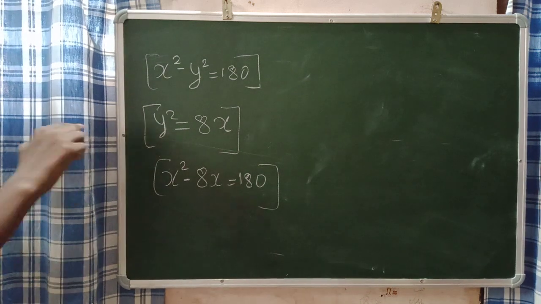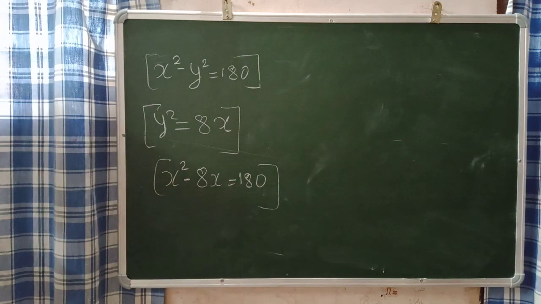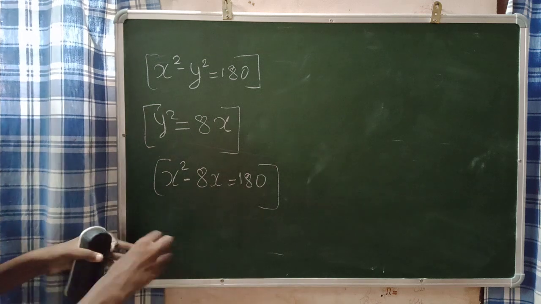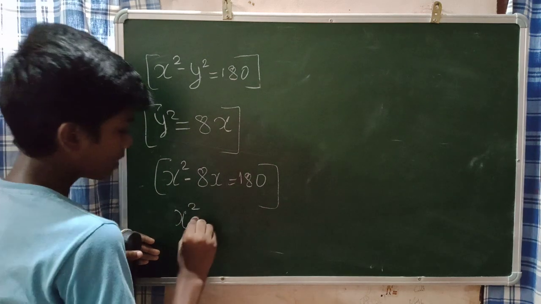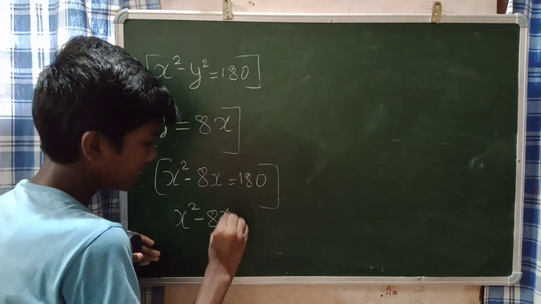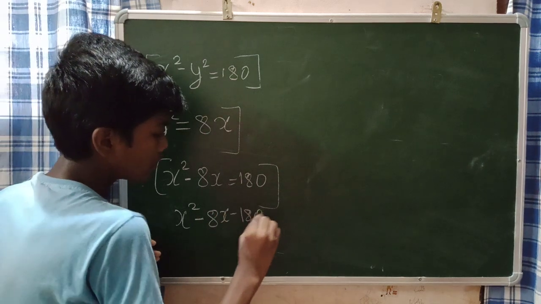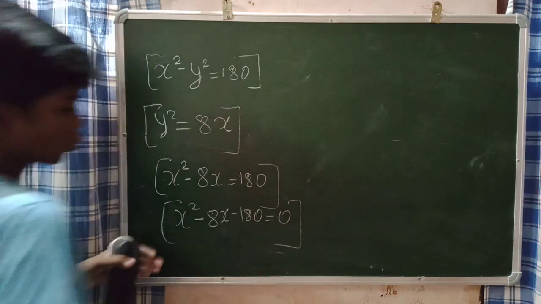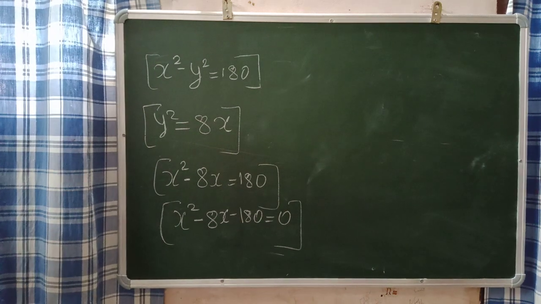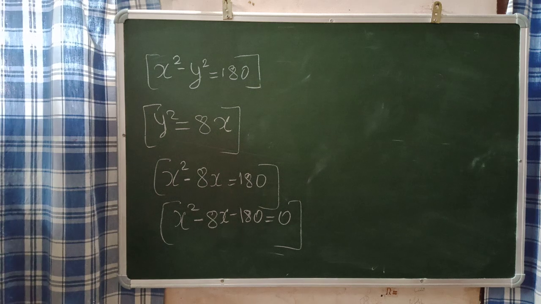Now, just try to convert this into a quadratic equation. Then you will get x square minus 8x minus 180 is equal to 0. This is what you will get when you convert this equation into quadratic form.